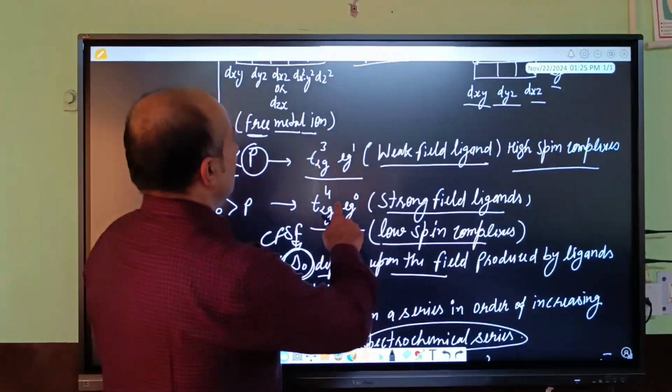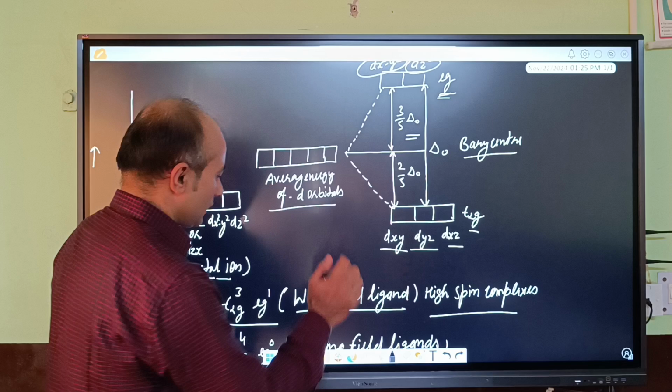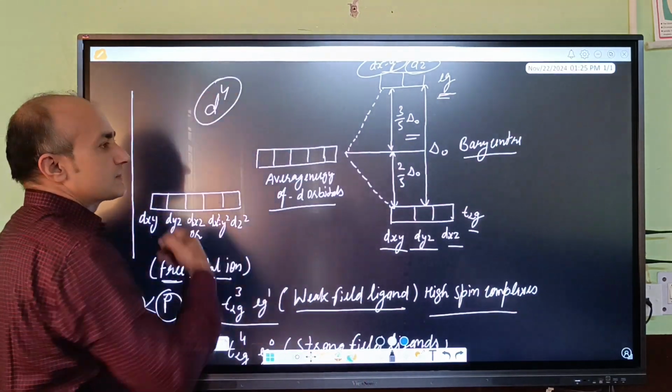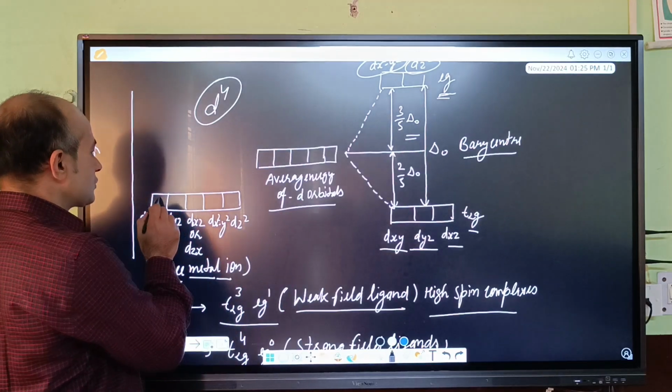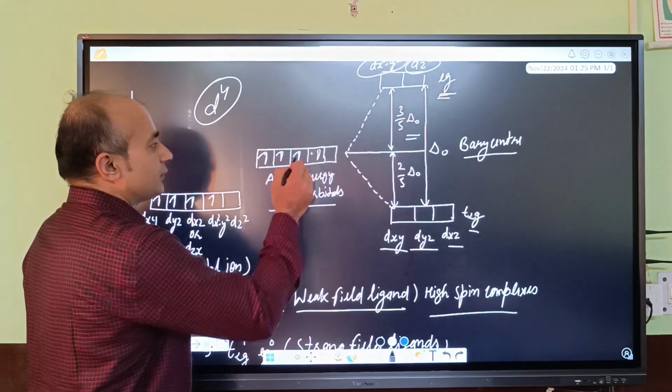Again, I am repeating something. If you have d4 electrons, fill the four electrons one, two, three, then four.